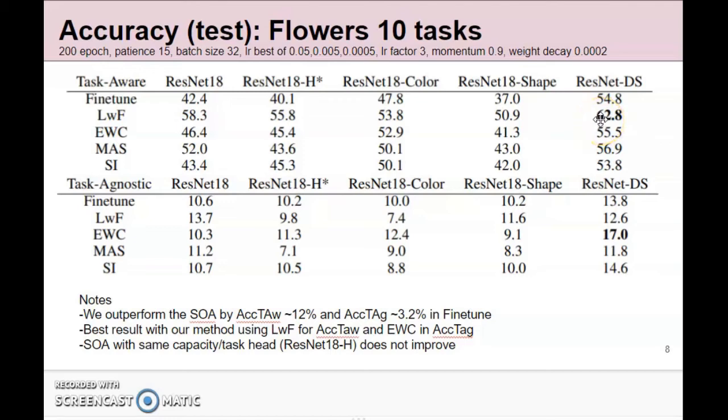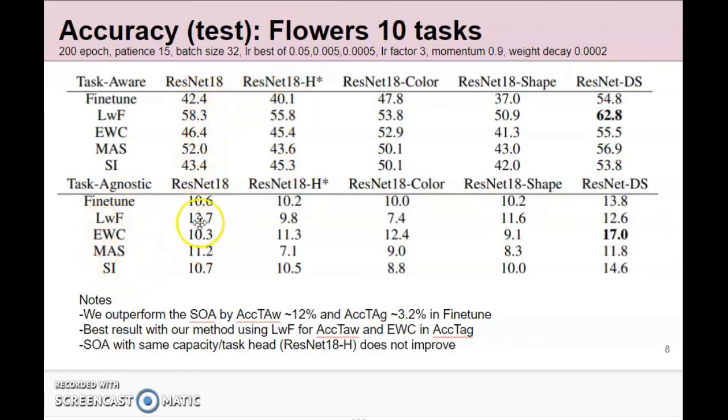Also, we have to pinpoint that for some cases of color or shape, we can acquire higher performance than the ResNet 18. Also, the modified head over the ResNet 18 does not improve on the original ResNet.